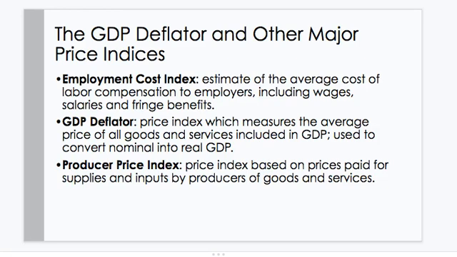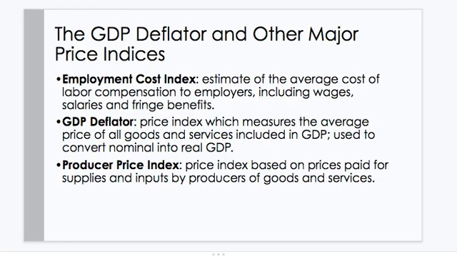The GDP deflator and other major price indices. Employment cost index, estimate of the average cost of labor compensation to employers, including wages, salaries, and fringe benefits. GDP deflator, a price index which measures the average price of all goods and services included in GDP, used to convert nominal into real GDP.